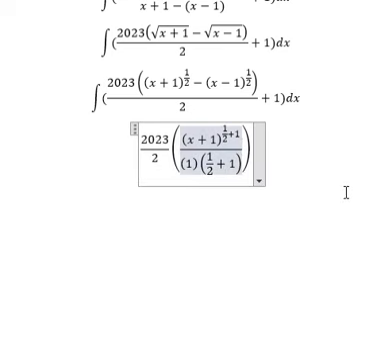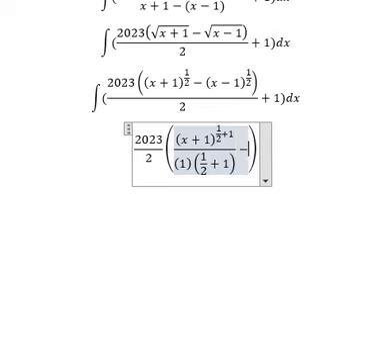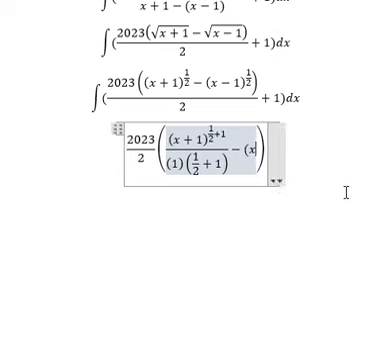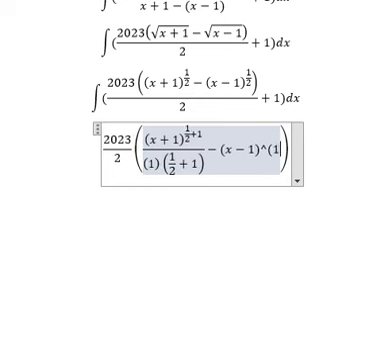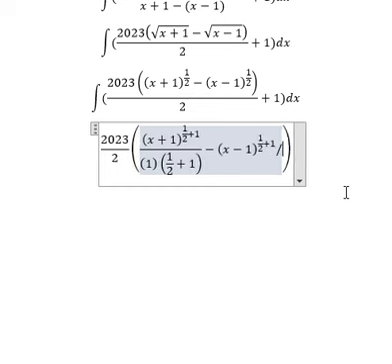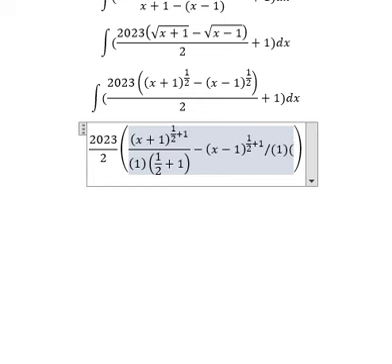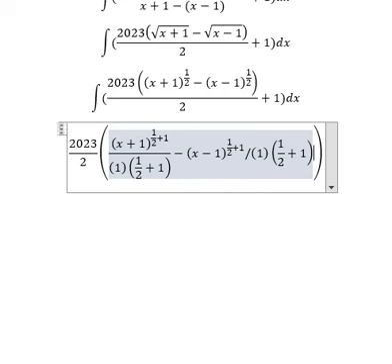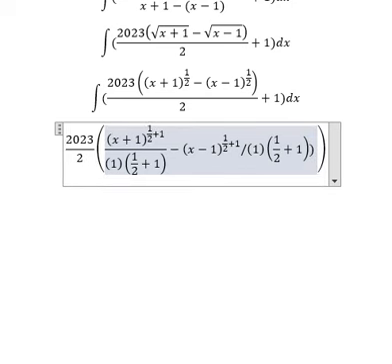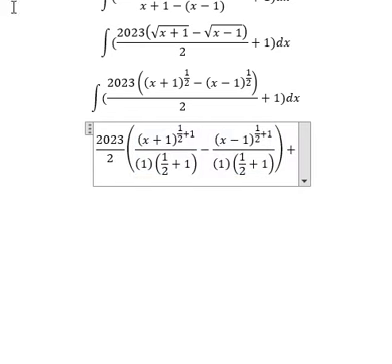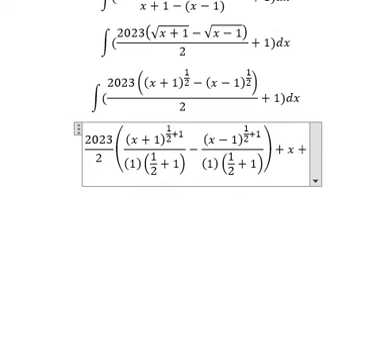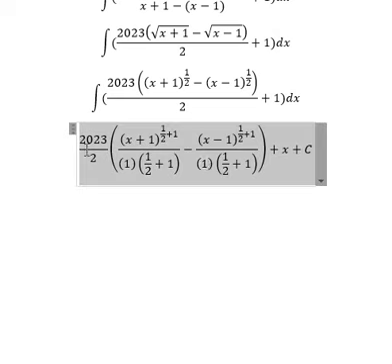And the second one, that is about s minus number 1 to the power of 1 over 2 plus 1 over number 1 multiplied by 1 over 2 plus 1. And the second one, the integration of number 1, we have s and I will put plus c.